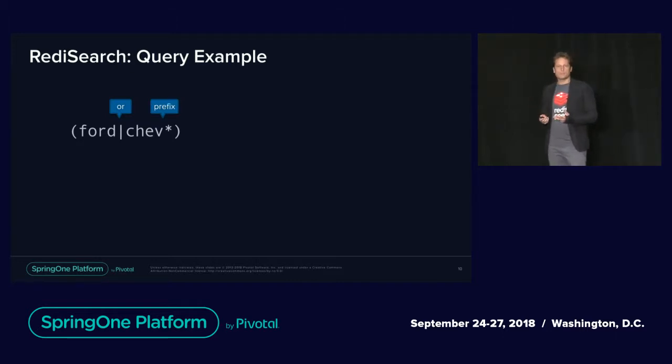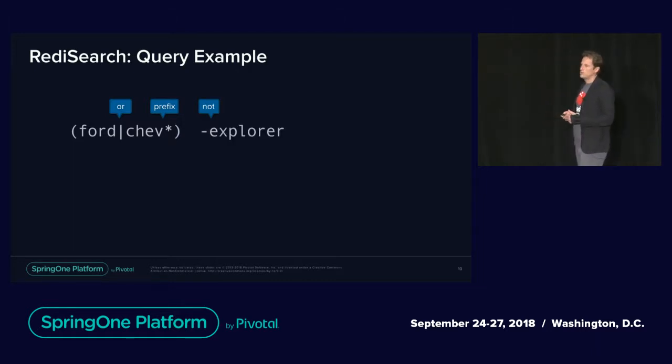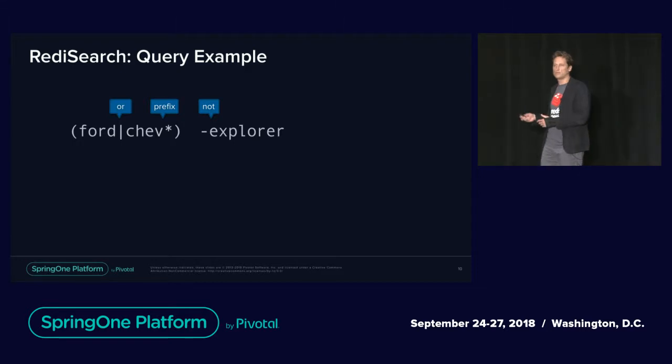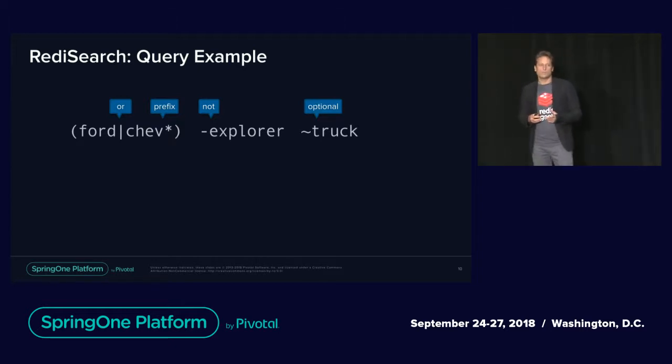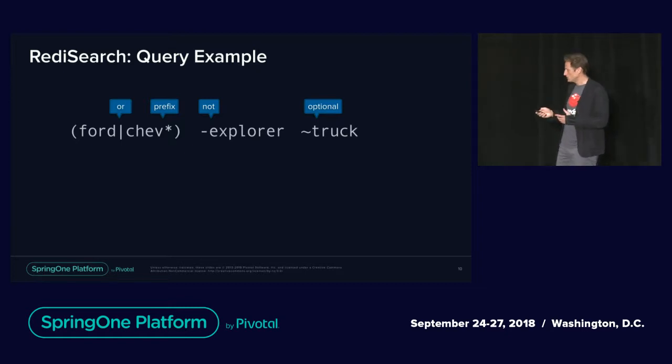So this is prefix filters. You can also do negation of a term. If you do -explorer, documents that contain the word explorer will not be returned as a search result. And you can also do optional. This will not make it a strict requirement for the documents to be returned, but the ones that contain the word truck will be returned before the documents that don't contain the word truck.